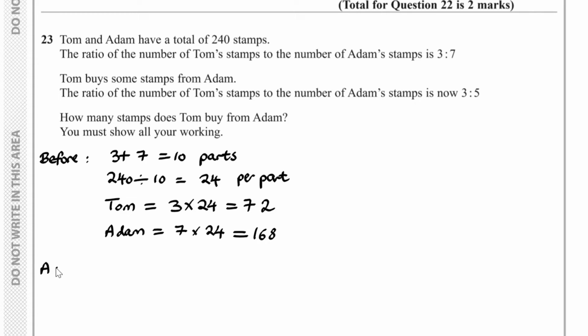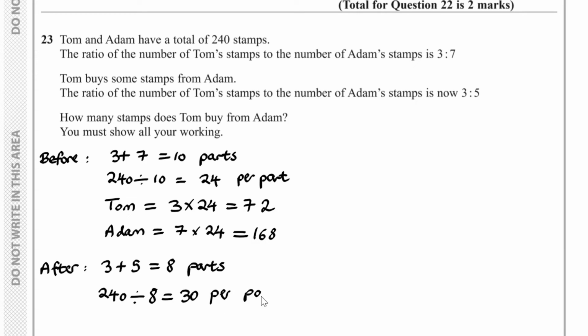And the situation after, well, we have 3 plus 5 parts, so here we have 8 parts, and then 240, because the number of stamps remains the same, 240 divided by 8 is 30, so we have 30 stamps per part.